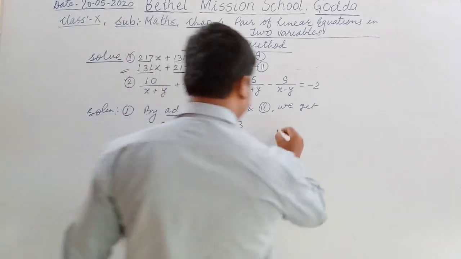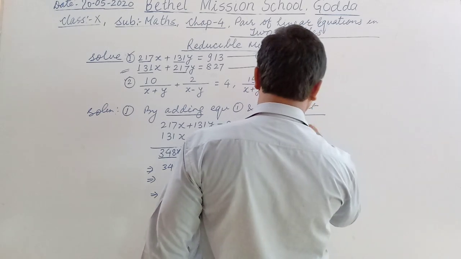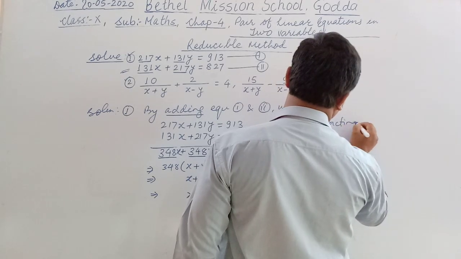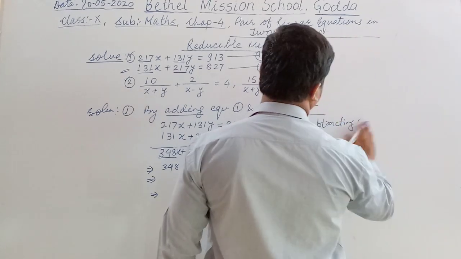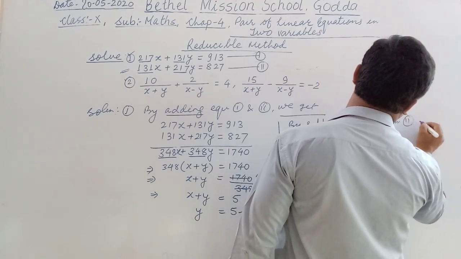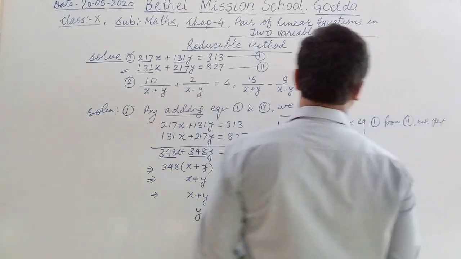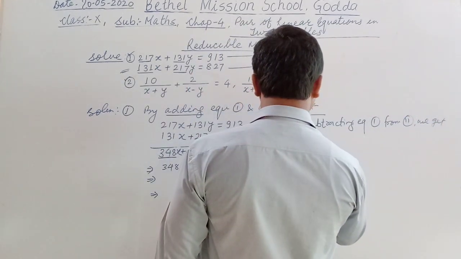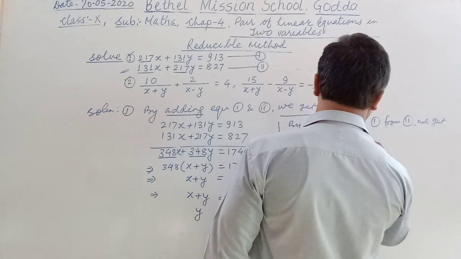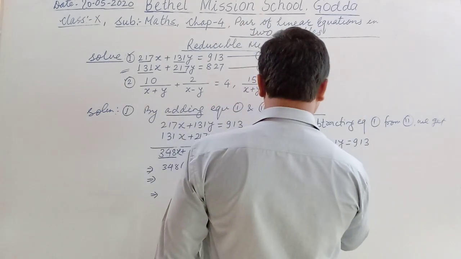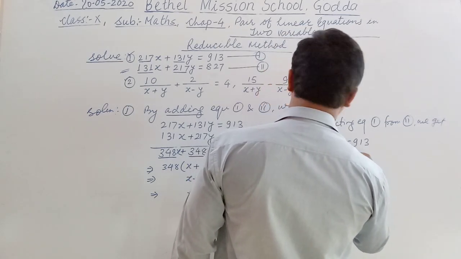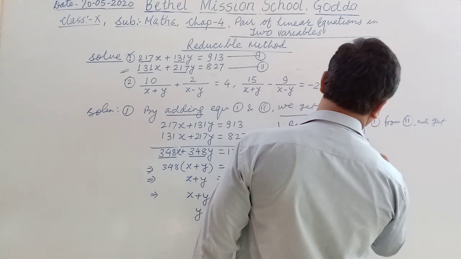So by subtracting equation 1 from equation 2 we get 217x plus 131y equal to 913, and 131x plus 217y equal to 827.